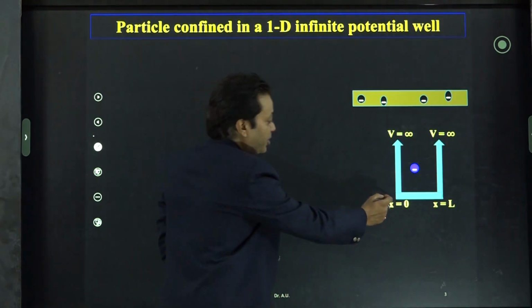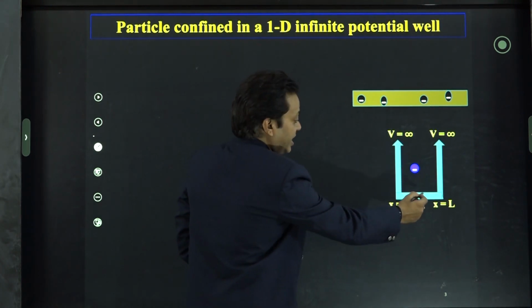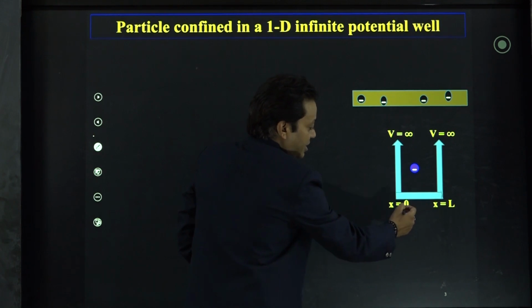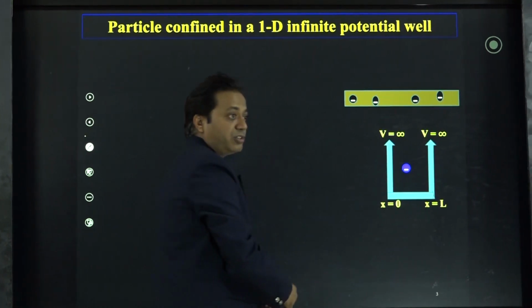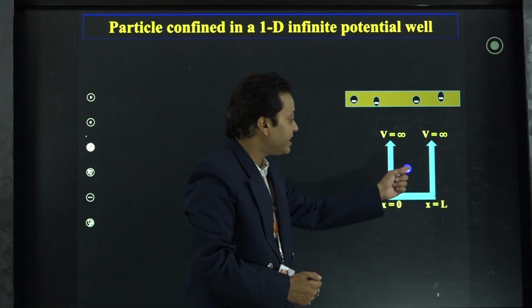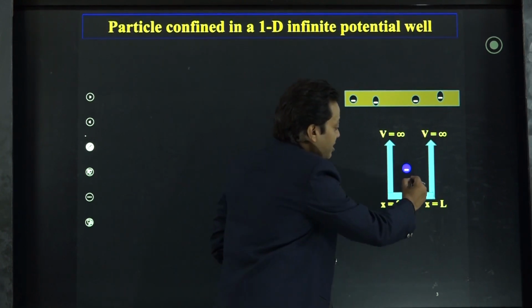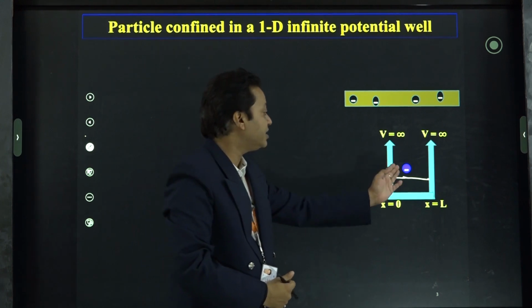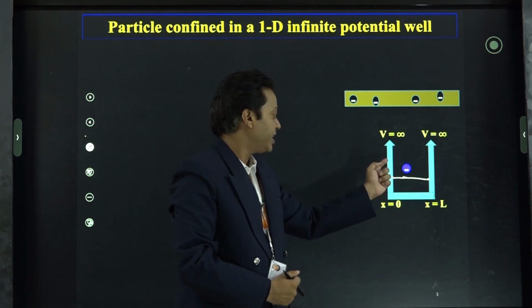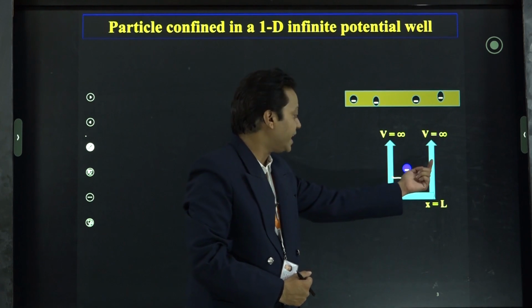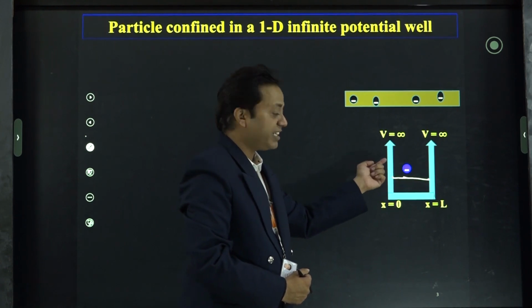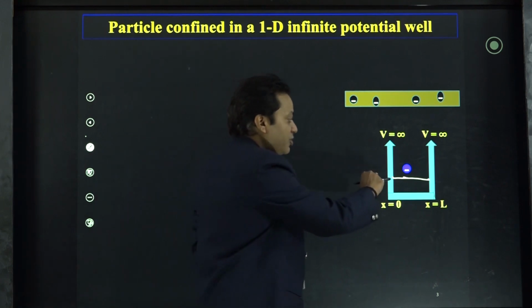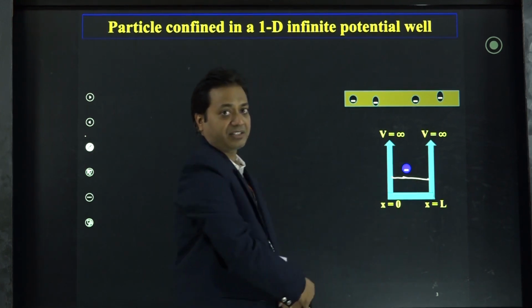The height of the potential well is infinite and the width of the well is L, from x equal to 0 to x equal to L. So this particle is free to move inside this well. To and fro motion will be there between these two walls. It will go that side and hit the wall and come back to this side and hit the wall, and it can move in one dimension only, the positive x and the negative x.